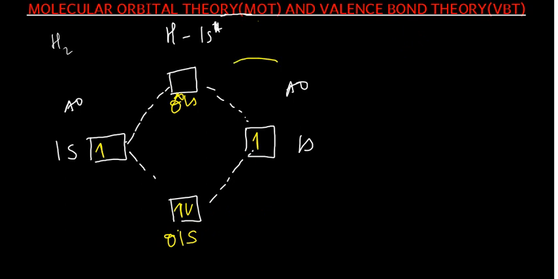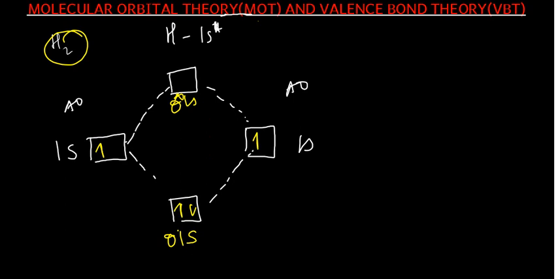So the sigma star 1s is not going to take up any electron because we don't have any electron left. Electrons take up the lower orbital, so this will be the molecular orbital diagram for our hydrogen molecule.